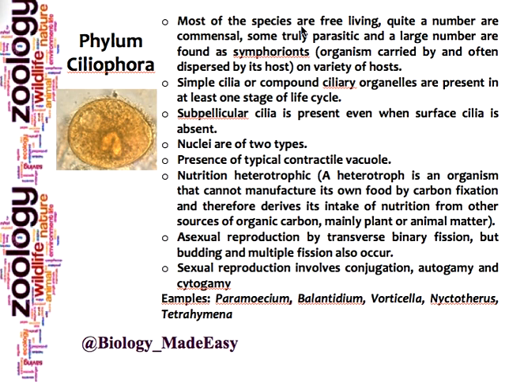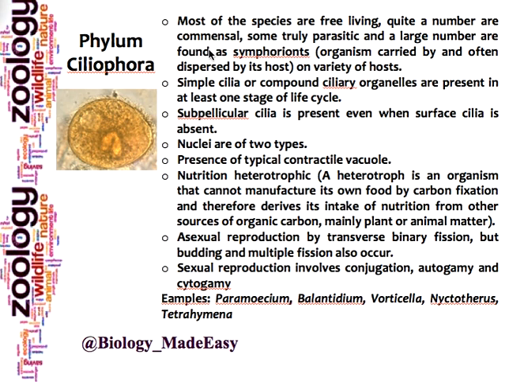Most of the species are free living, some are commensal and some may be parasitic, and a large number are found as symphorionts, where the organism is carried by and often dispersed by its host. As you know, commensal means a biological association between members of two different species where one organism is benefited and the host is neither harmed nor benefited.